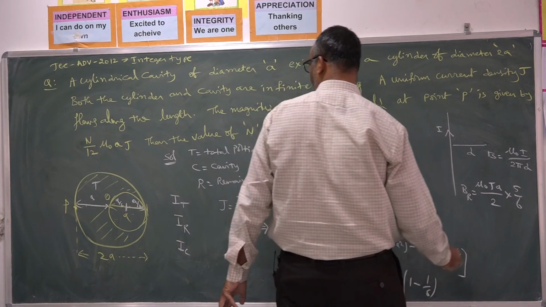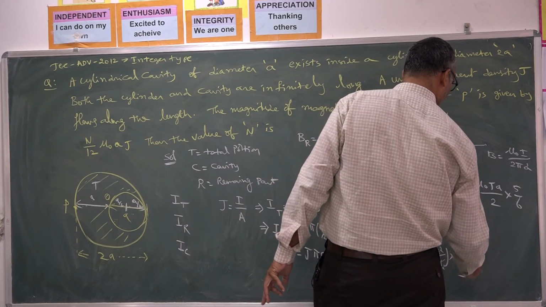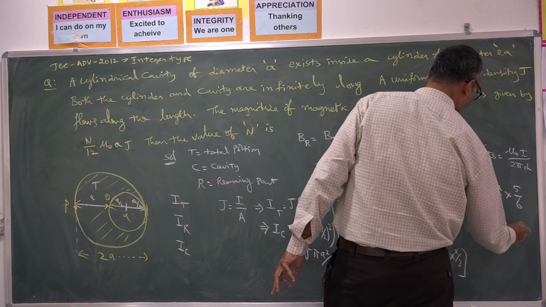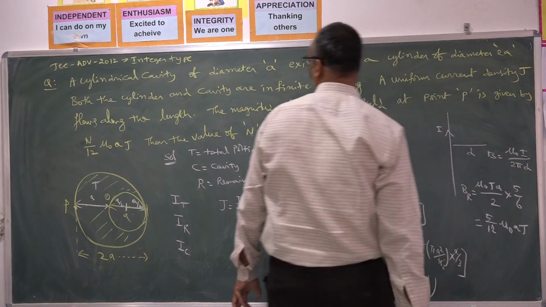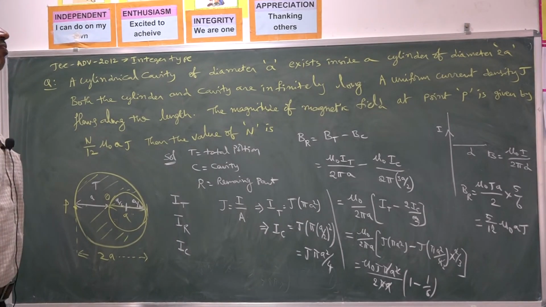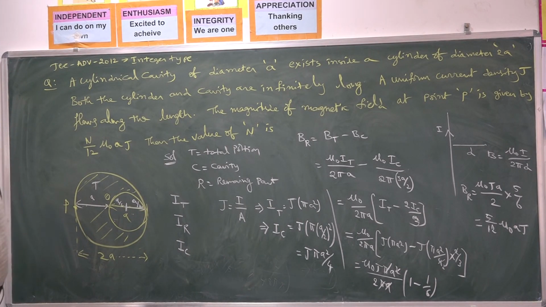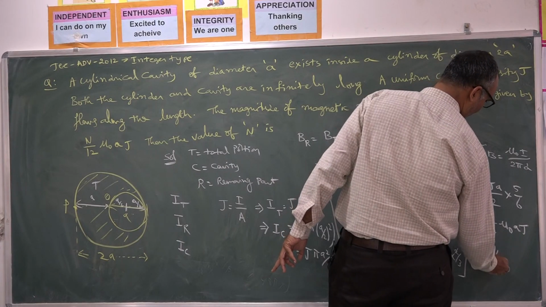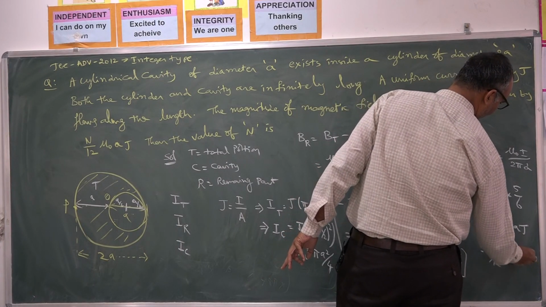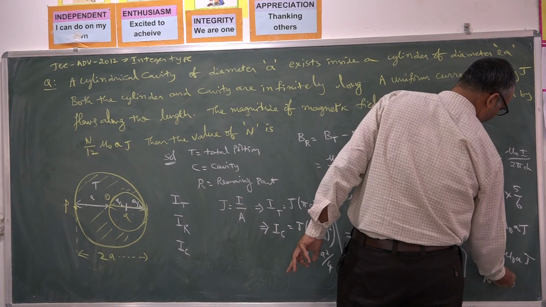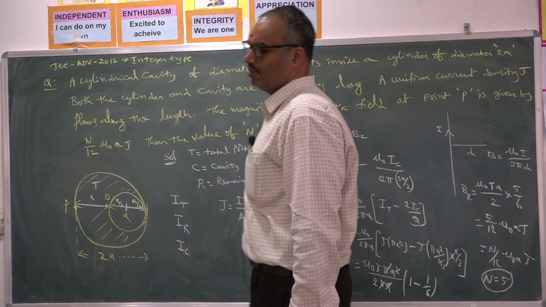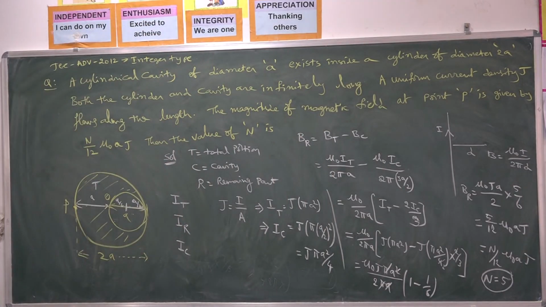So 5 by 12 mu naught AJ is the magnetic field due to the remaining portion. If you compare it with N by 12 mu naught AJ, N is equal to 5. That is the required answer.